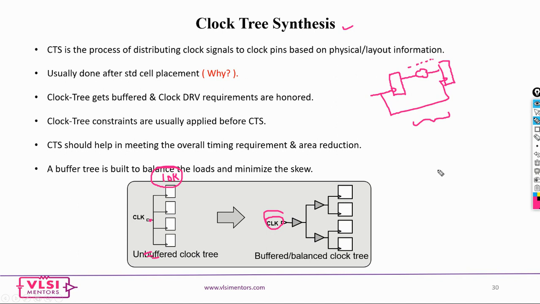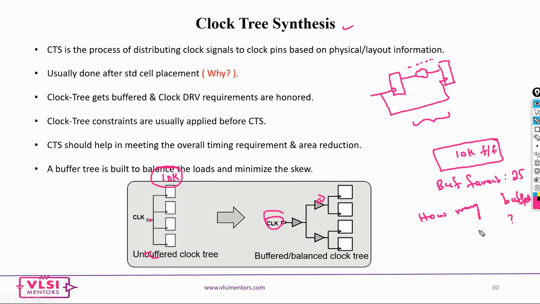A quick homework. Say you have 10K flip flops, 10K flops. Now each of these buffers can drive a fan out of say 25. Now, how many buffers do you need in total to balance, or probably when you buffer this whole thing, how many buffers does it take?